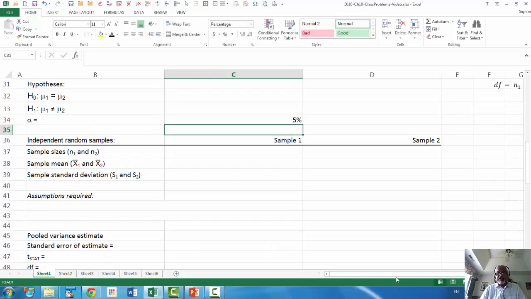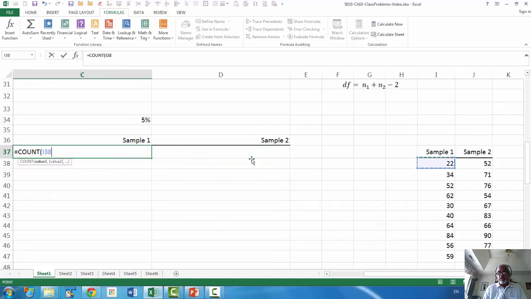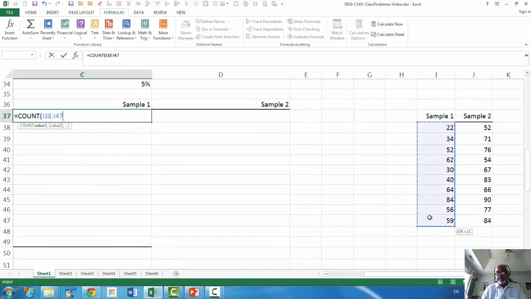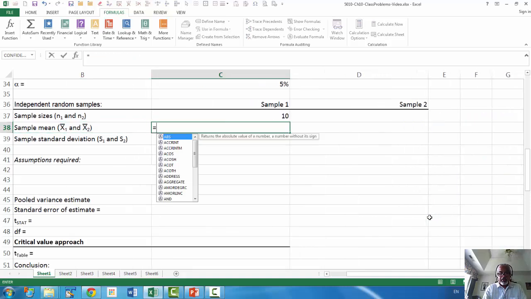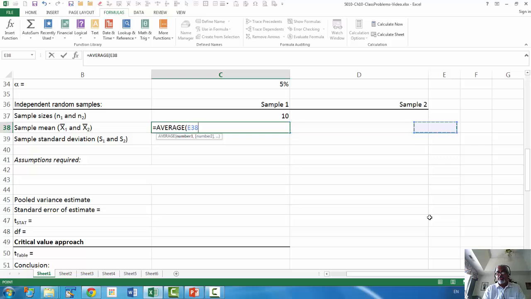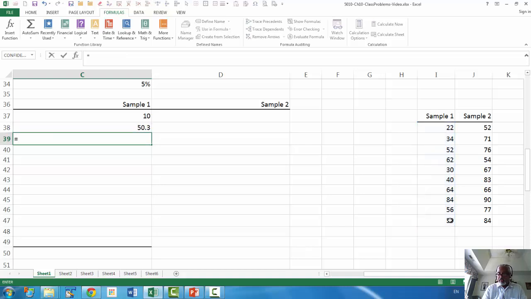Now the data is given. So let's find the sample statistics. Count would be the sample size for sample 1, and then average will be the sample mean, and then we do stdev.s, so that will be the standard deviation for the sample.